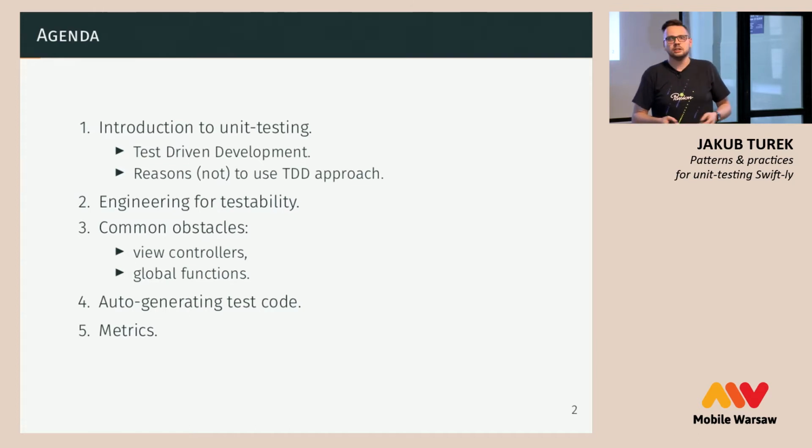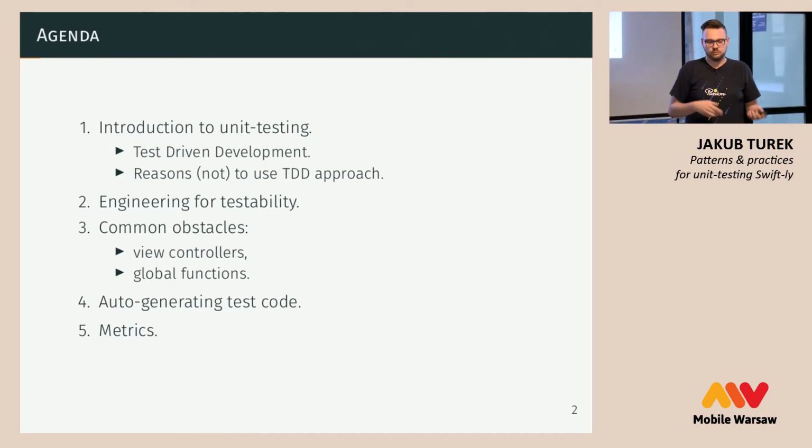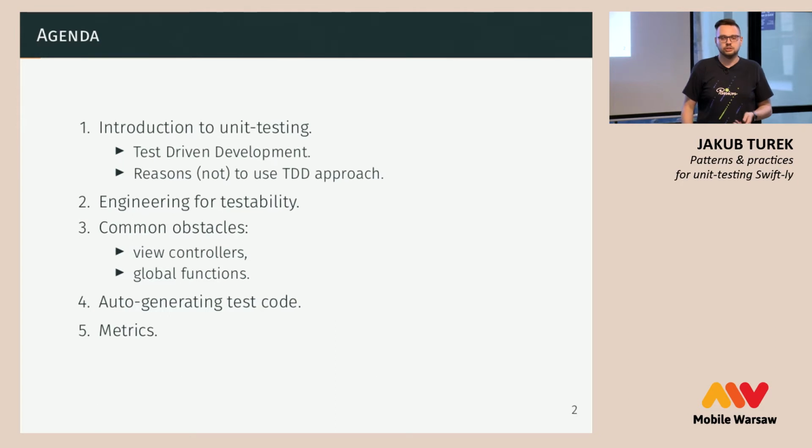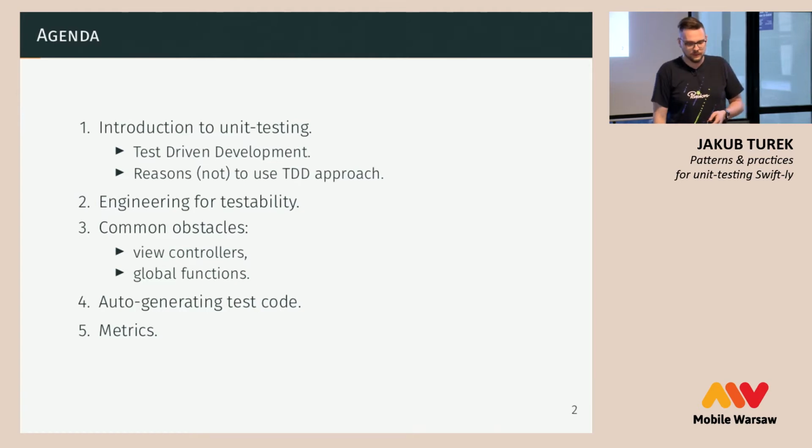So the agenda for the talk is, first of all, I will introduce you to unit testing in general. I will say a couple of words about test-driven development, and also the reasons to use it or to not use this approach. Later I will tell about engineering for testability, which is how to structure your code so that it's easily testable.